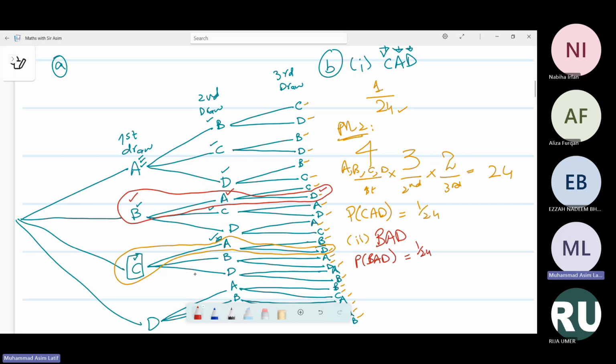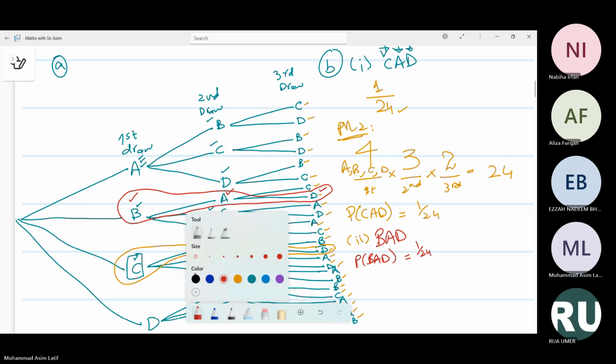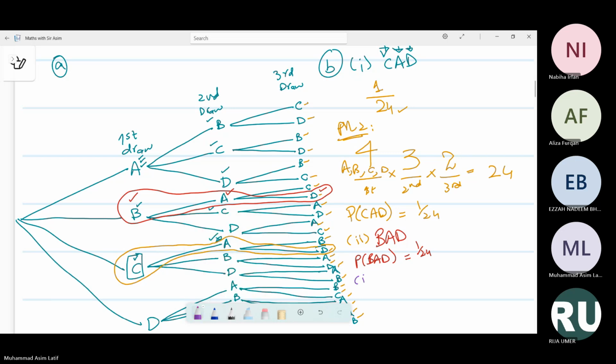And for the third part, which we have got DAD, who is going to tell me its answer? What would it be? Its answer is going to be 0.